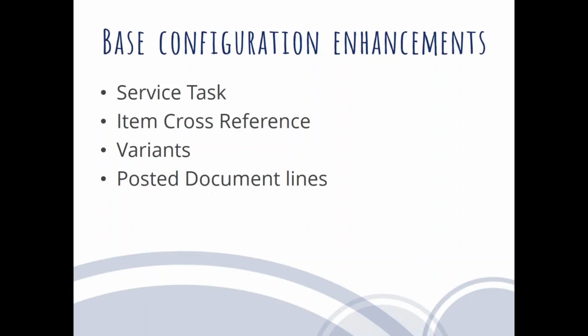The item cross-reference I have already mentioned. That's now an integral part of the configuration, so you can quickly start to use that when you install the MobileNAV base configuration. Variants: some of the customers requested that. We had questions in the past, are we planning to add that? The reason we didn't want to add it is that most customers would have to hide it afterwards.